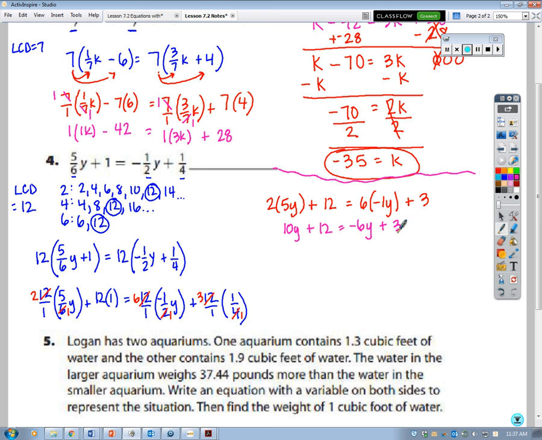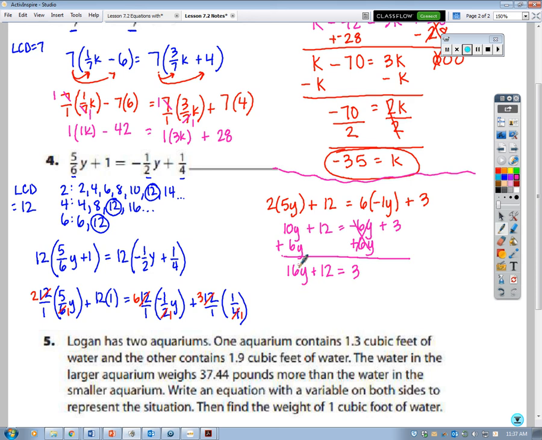Okay, so then I'm going to go ahead and solve by combining my like terms using inverse operations. I'm going to move this variable term first. Since it's negative here, I'm going to add 6y. That's going to cancel it out on this side. I got plus 6y. Right? So now I've got 16y, bring everything down that hasn't changed, plus 12 equals 3.